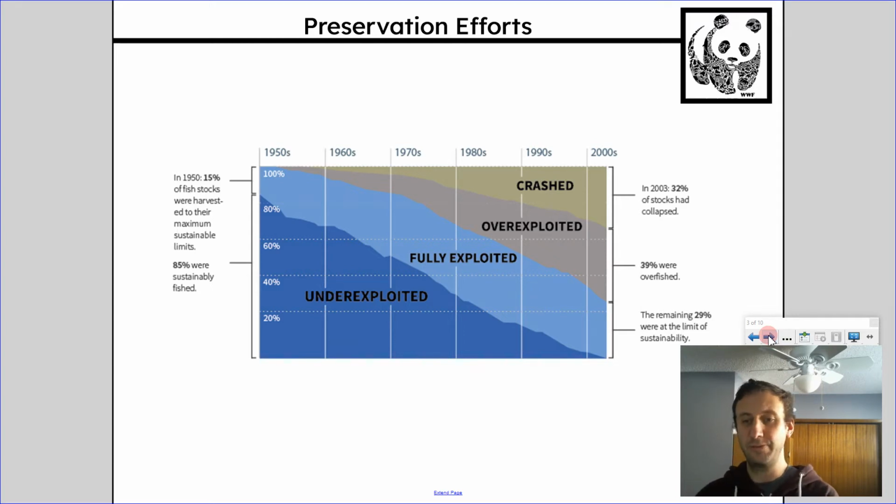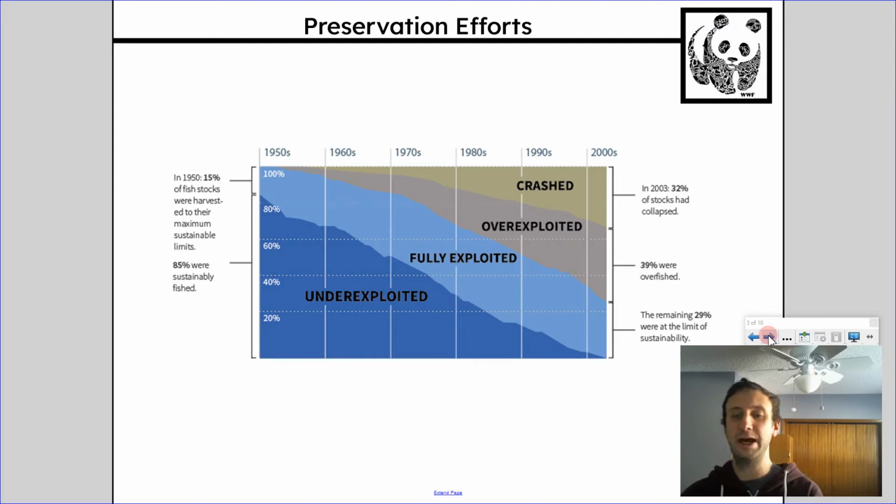Well, you can see how different the story is now, right? Or even years from now, because this was actually the early 2000s, judging by the scale of this graph. 32% of stocks had collapsed at that time in 2003. 39% were overfished, so it's not sustainable. Essentially, more fish are being caught than are being born, and the population is decreasing.